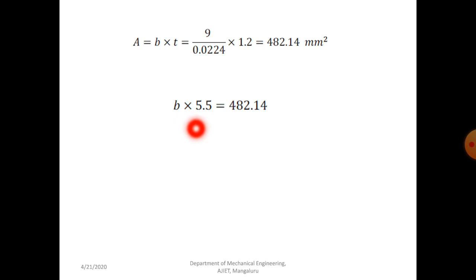So after calculating, the t value you got is 5.5. Now equate this to 482.14, so easily you can calculate the width of the belt. So the width of the belt you'll get is 87.66 millimeter. So this is one of the important design considerations, that is the width of the belt.